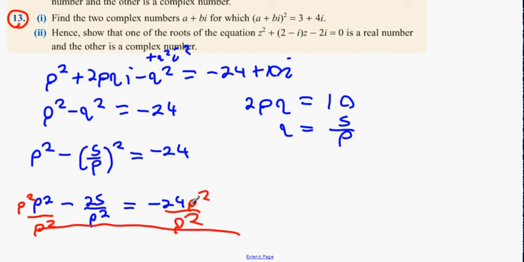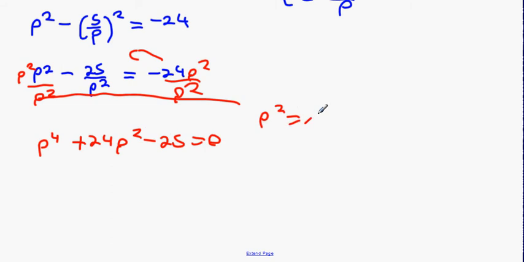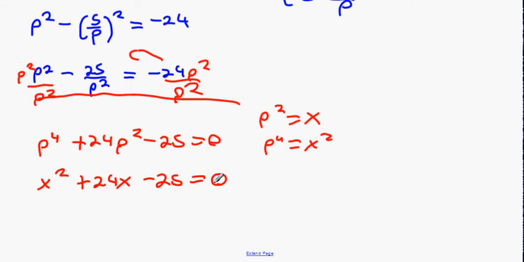Then we multiply through by p squared, and the p squareds on the bottom cancel. We end up with p to the power 4, bring over the 24p squared, so it's plus 24p squared minus 25 equals 0. I'm now going to say that p squared equals x, therefore p to the power 4 equals x squared. So it's x squared plus 24x minus 25 equals 0.